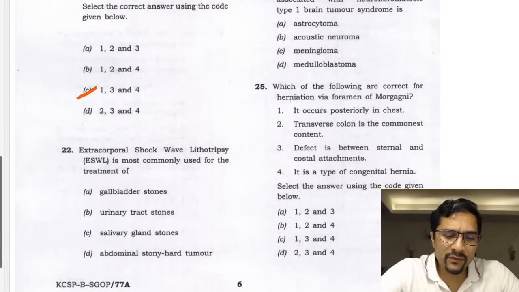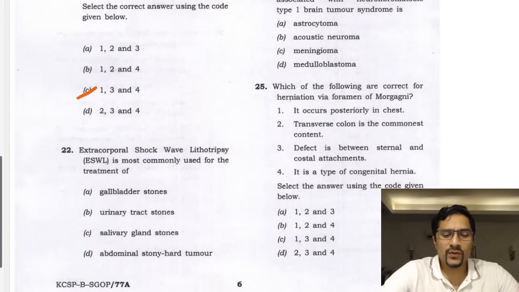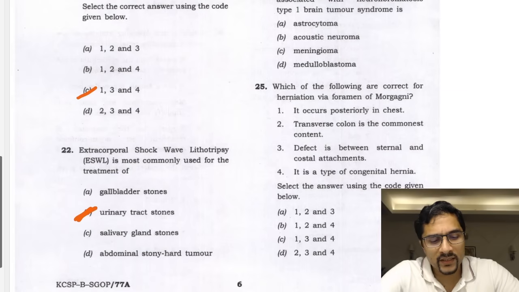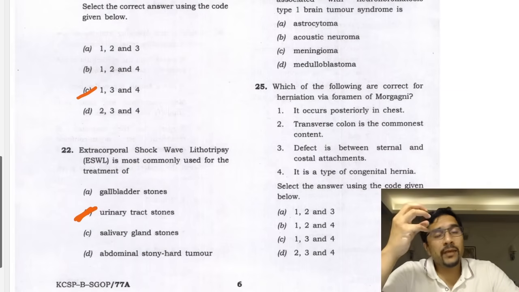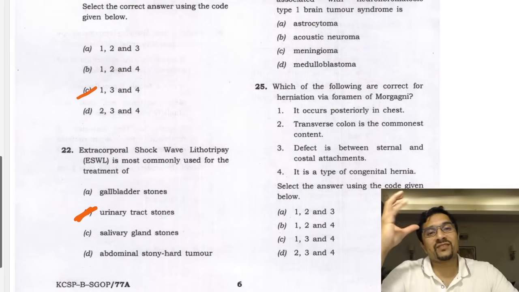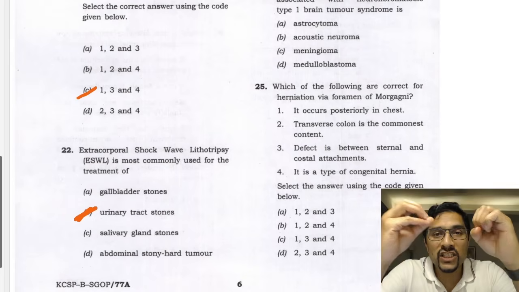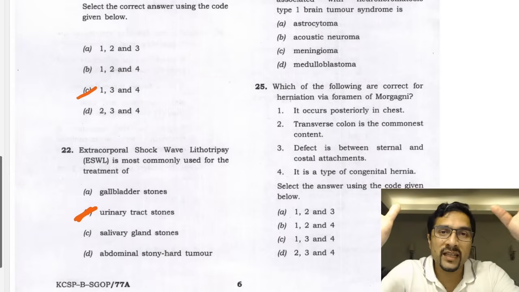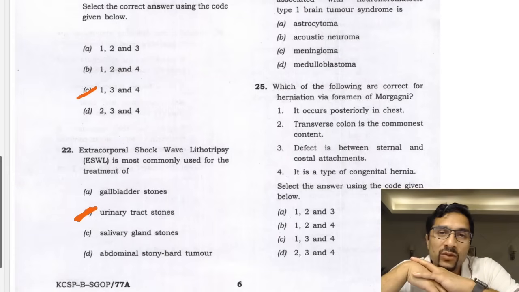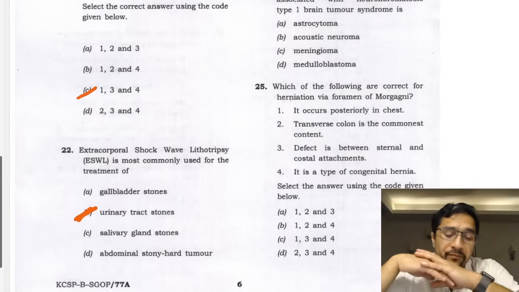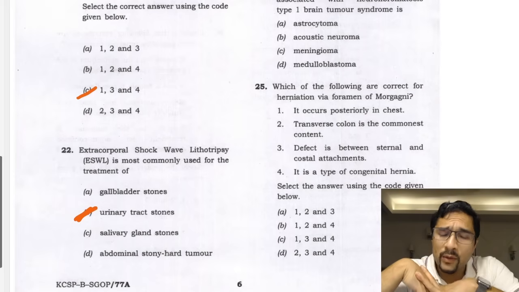22 was a very straightforward question. ESWL is used for the treatment of renal stones, urinary tract stones. Basically shock waves which we give to a stone will shatter the stone into smaller pieces, and those pieces will travel down the ureter and come out. That is ESWL.